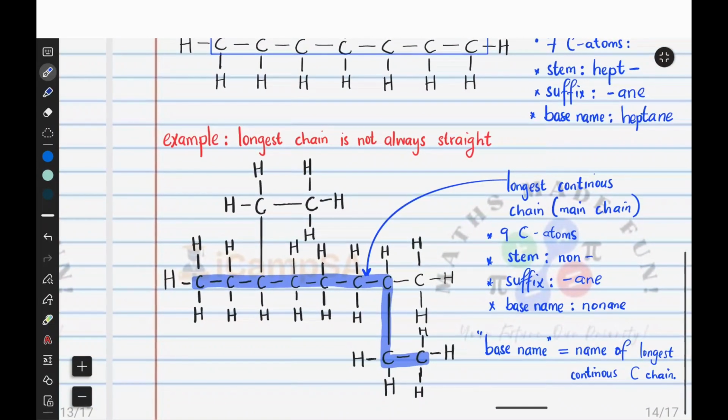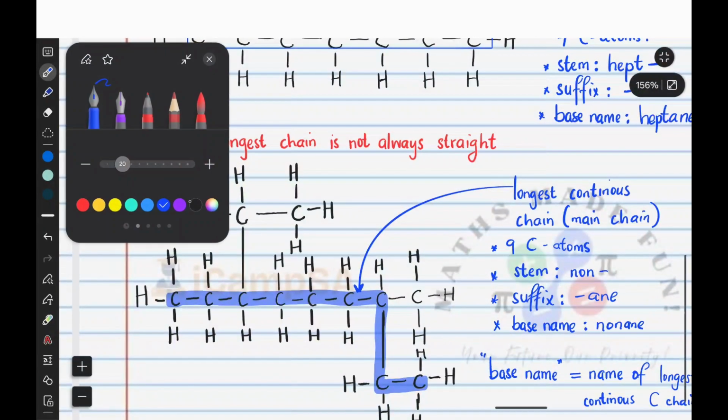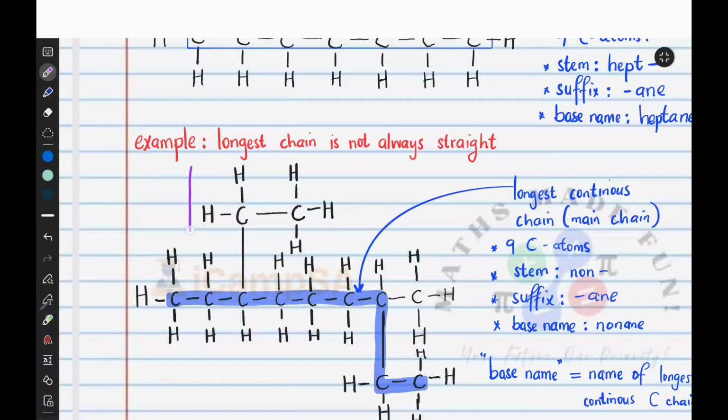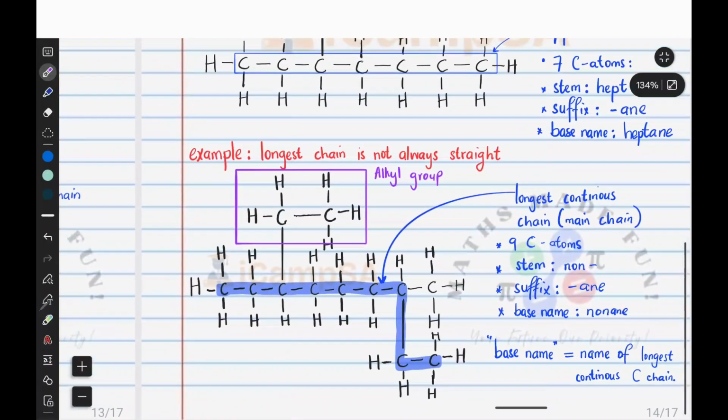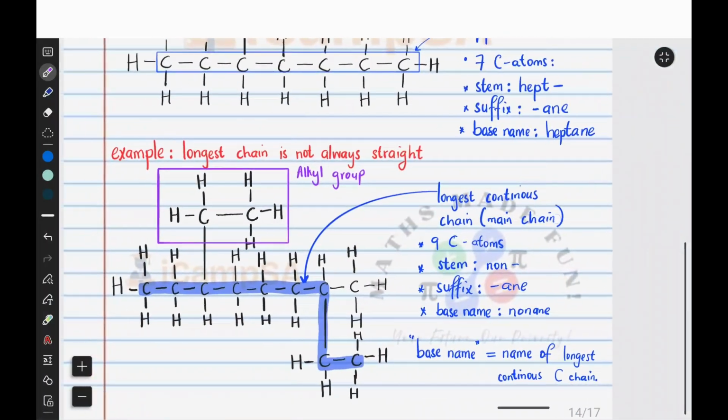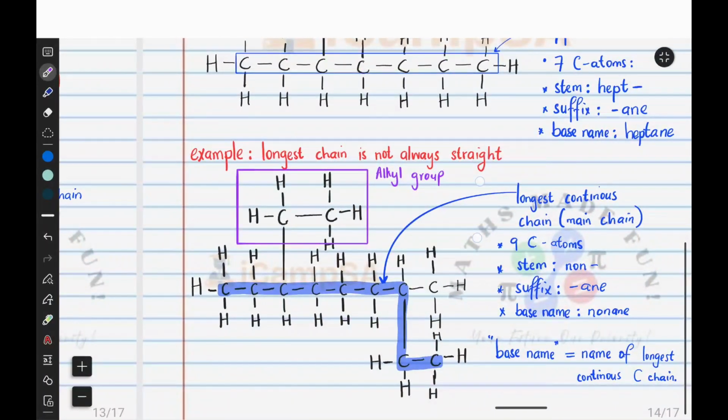Now that we've identified our continuous chain, or the long chain, we can find our alkyl groups, which is anything outside this longest chain. So this is my first alkyl group. If you check, it has 2 carbon atoms. My information might not fit there, but we'll try.